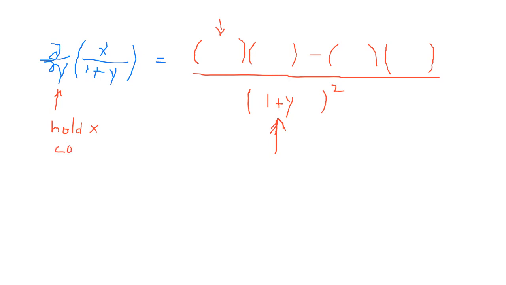Treat it like a constant. So the derivative of x is 0 times 1 plus y, minus the derivative of 1 plus y, which is 1, times x.